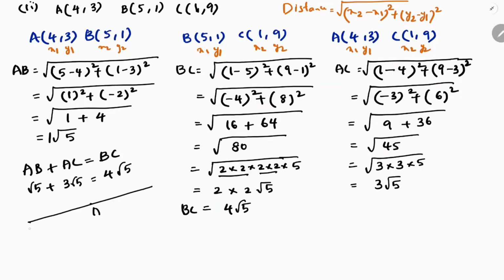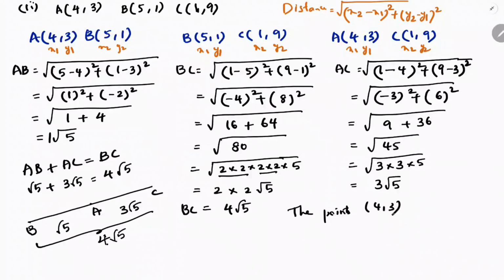A will be in the middle, B and C will be the endpoints, because AB is root 5, this is 3 root 5, total is 4 root 5. So the points 4 comma 3, 5 comma 1 and 1 comma 9 are collinear. Therefore the points are collinear.